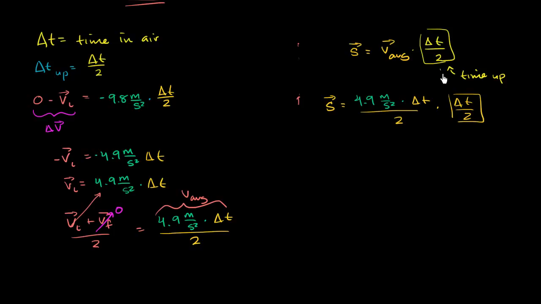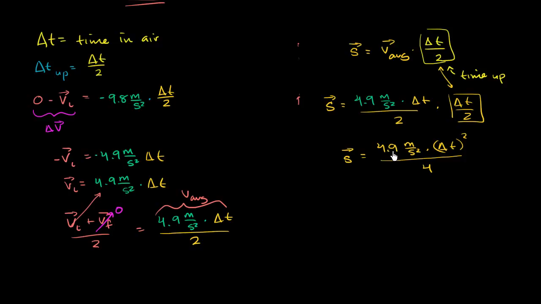These are the same thing. And then we can simplify it. Our maximum displacement is equal to 4.9 meters per second squared times delta t squared, all of that over 4. And then we can just divide 4.9 divided by 4.